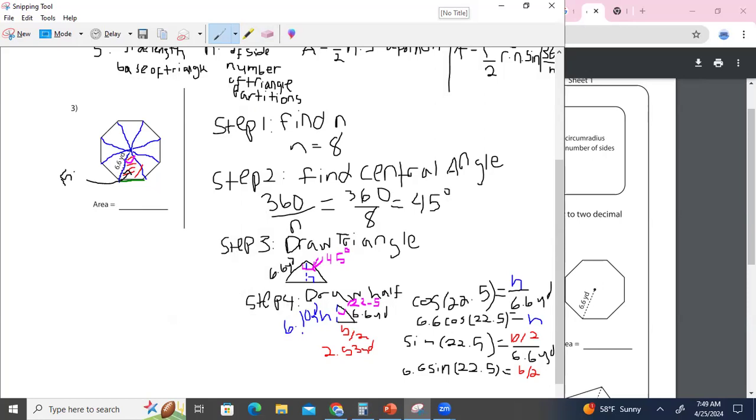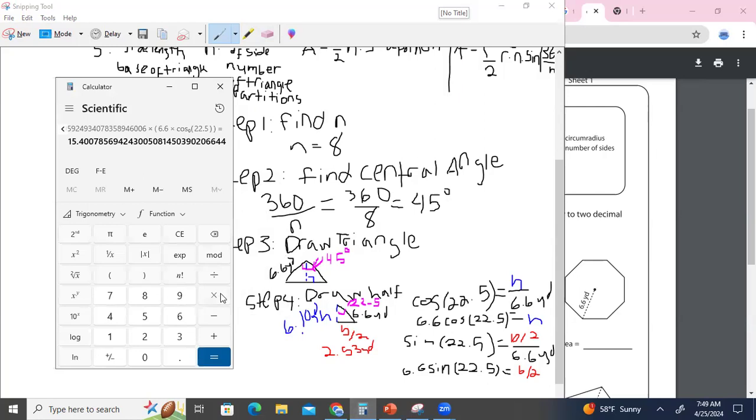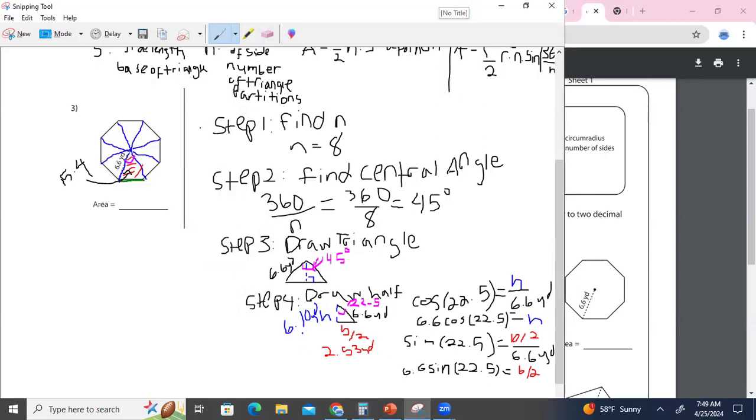And then I'll just go ahead and multiply 15.4 times 8. And that'll give me the area of everything. So times 8 is going to be 123.2. So the complete area of everything is 123.2 yards squared.